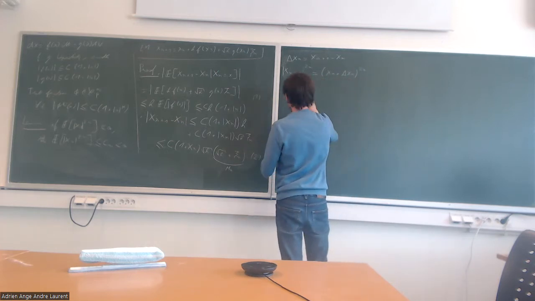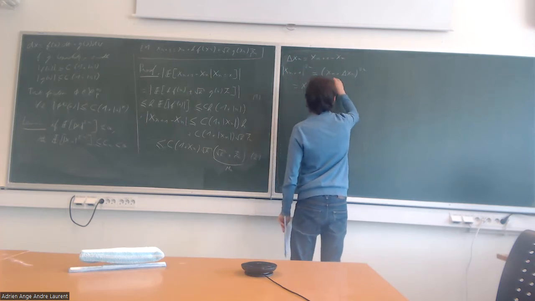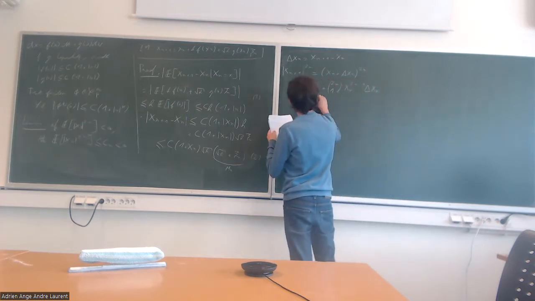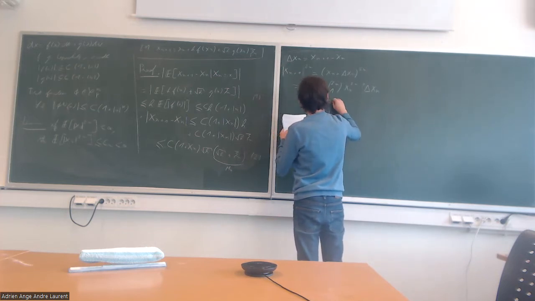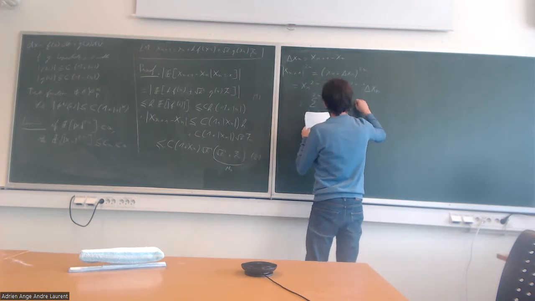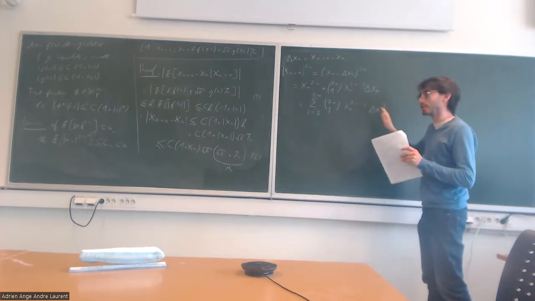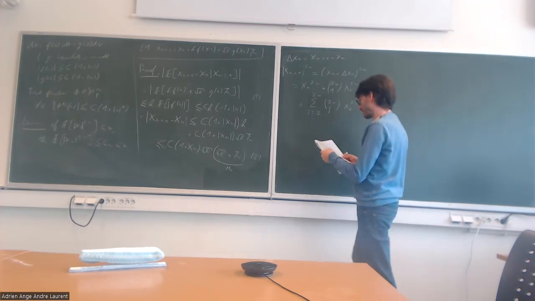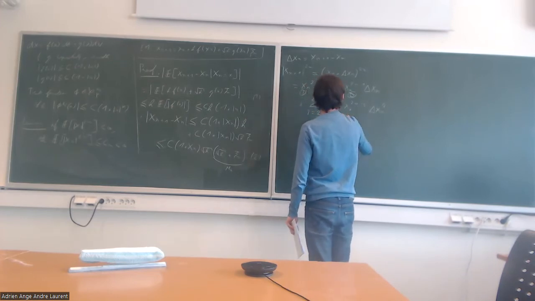I use Newton's formula, so xn to the 2m plus the binomial coefficient 2m times xn to the 2m minus 1 times delta xn, plus the sum of j from 2 to 2m of binomial terms times xn to the 2m minus j times delta xn to the j. Just the same in any dimension. You just have to do this for every coordinate. Okay, this is number 1. This is number 2. This is number 3.